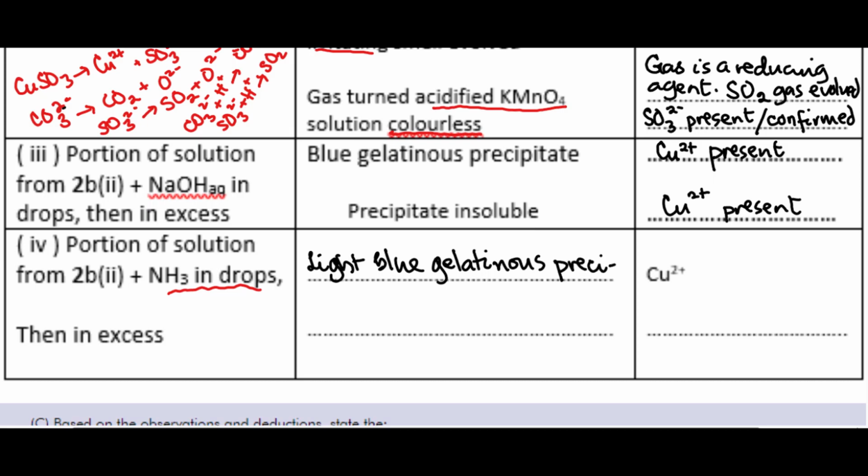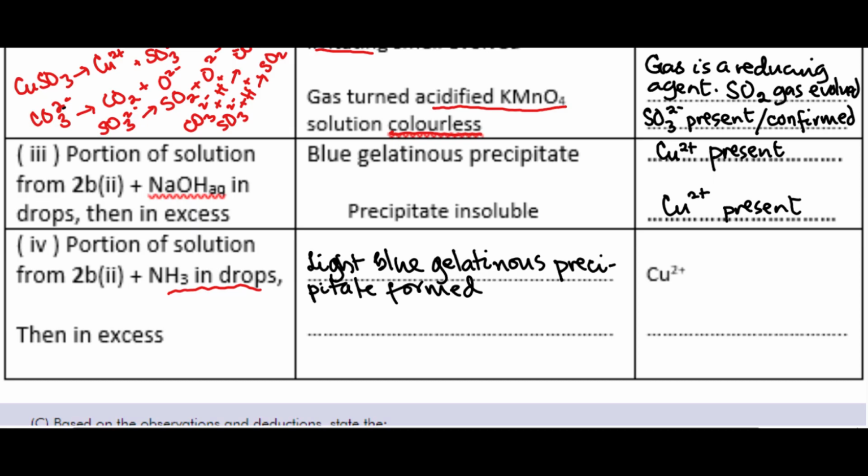Please always write your precipitate in full. Don't write PPT, and don't misspell precipitate. So, light blue gelatinous precipitate formed.